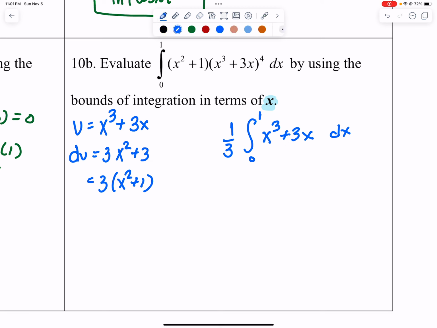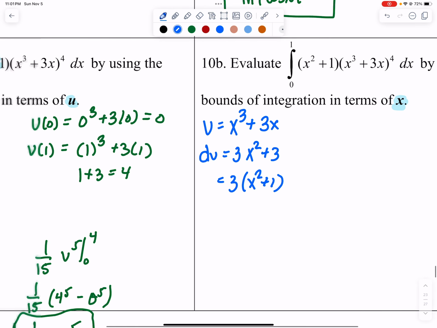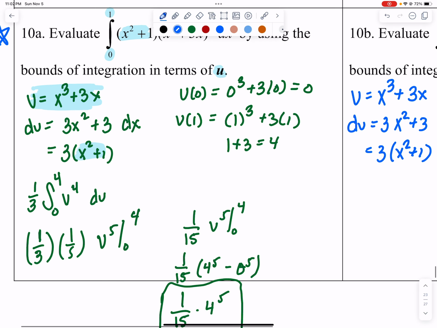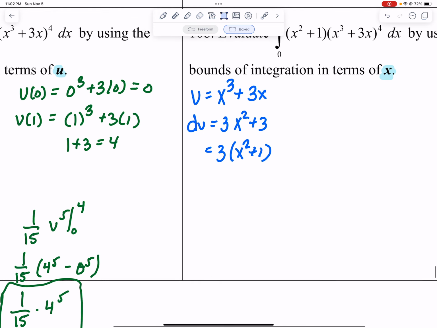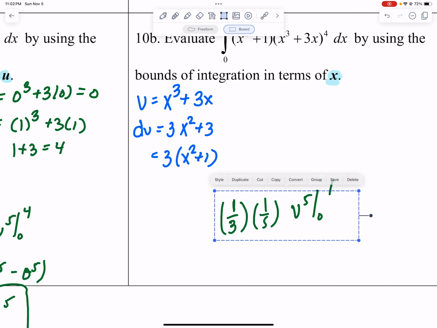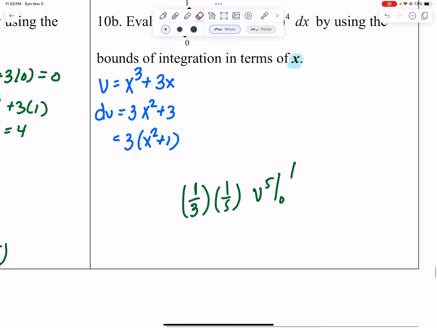Well, let me do this again. So you're going to do the same thing here, actually. So I'm just going to copy and paste this right here. The only thing that's different is going to be your last steps.